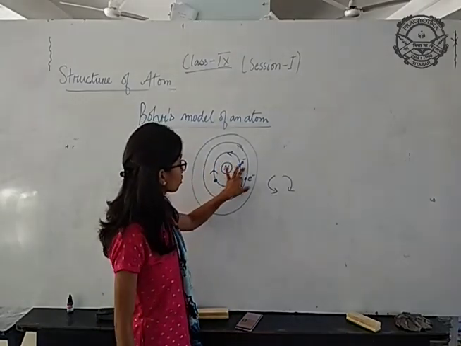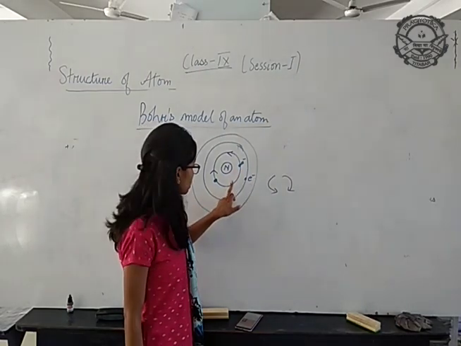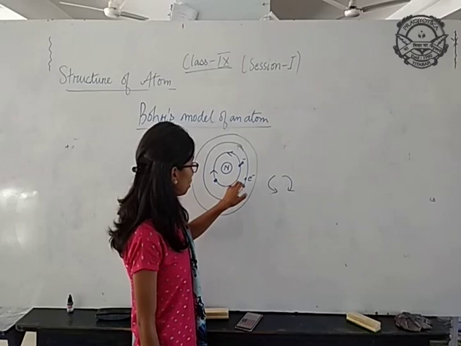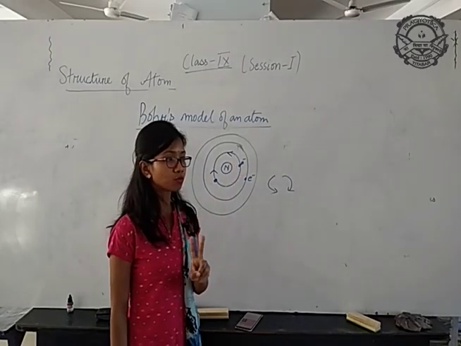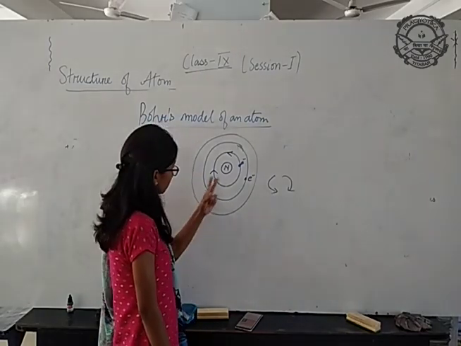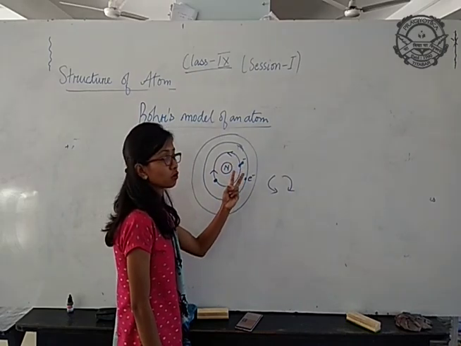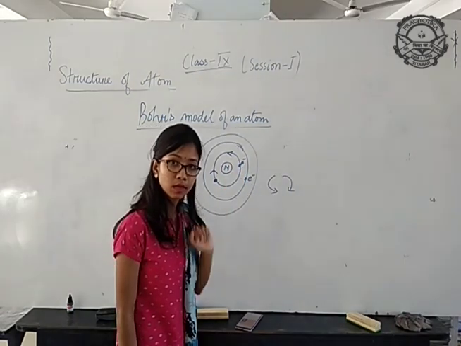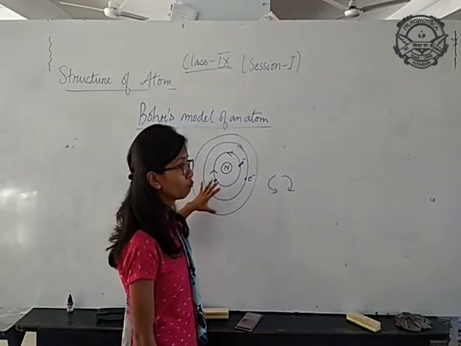Since these 2 electrons consist of that amount of energy to reside in the orbit, the second point of Bohr's model is that they will contain a definite amount of energy, and they will not radiate energy while revolving around the nucleus in the orbit. So this was the drawback removed by Bohr's model.